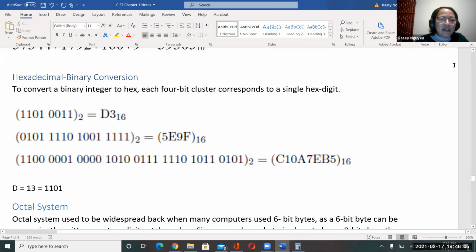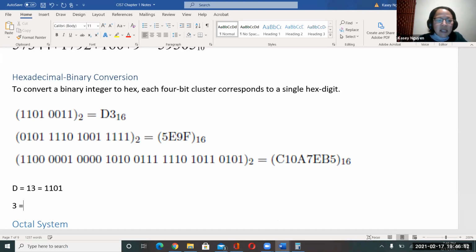And if we take the 3 represented in 4 bits, we have 3 equal to 0, 0, 1, 1.